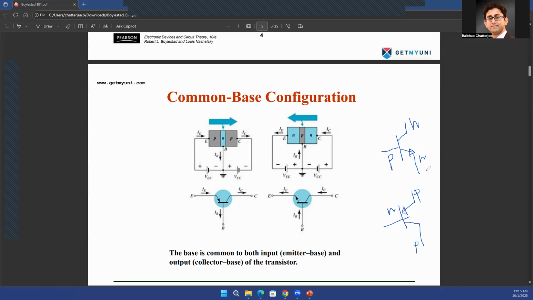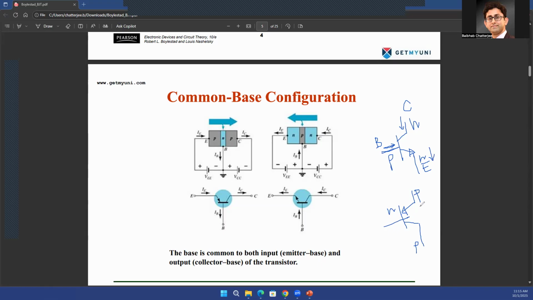So for an NPN BJT, this is your emitter, this is your collector, and this is your base. You will have some amount of current flow from the base to emitter junction, and some amount of current flow from the collector to emitter. And the total of those two currents will be the current flowing through the emitter terminal.